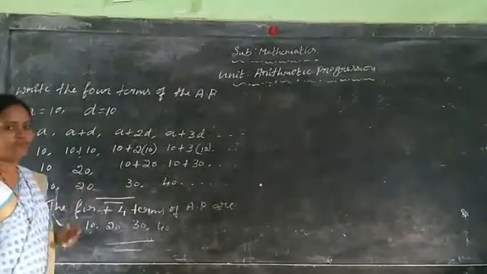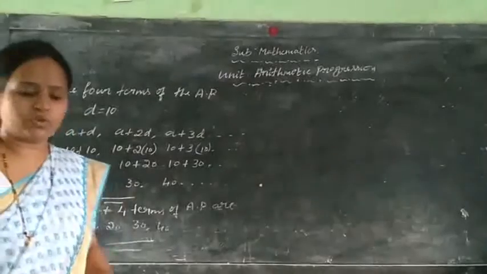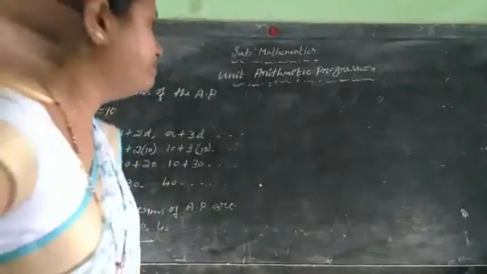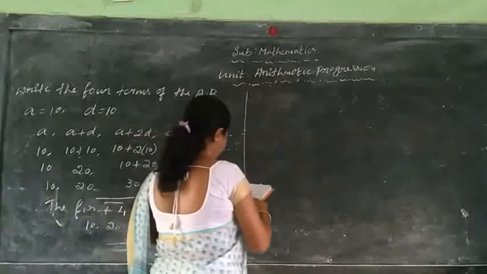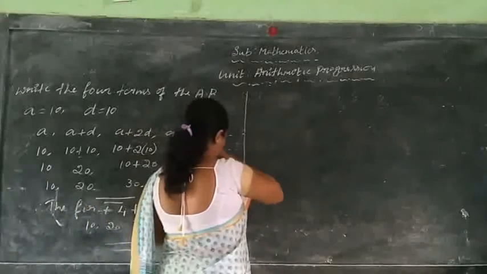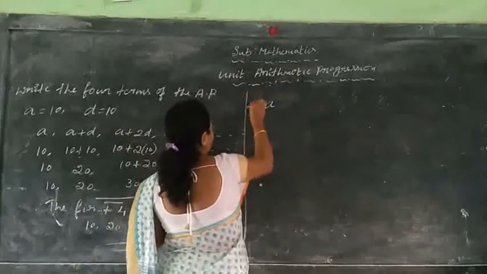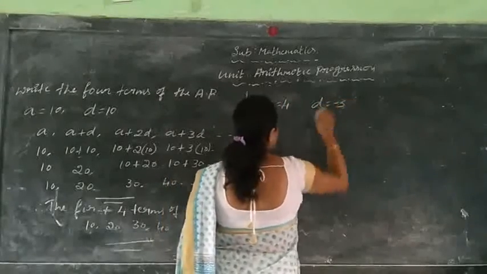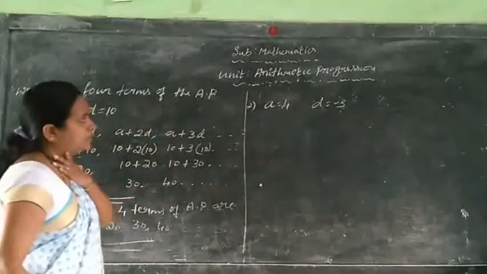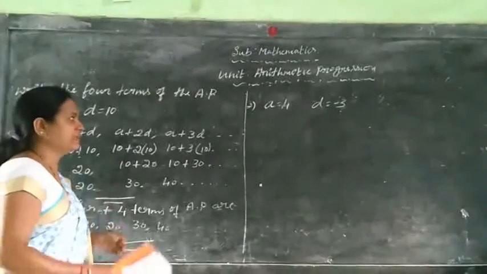Yes. Okay, we will do one more problem in the same way so that you will understand very clearly. a is equal to 4 and d is equal to minus 3.